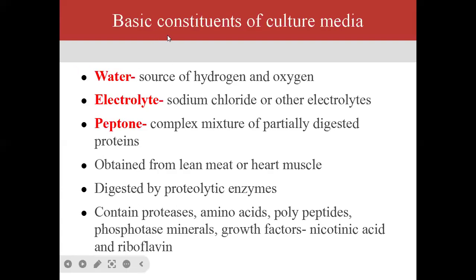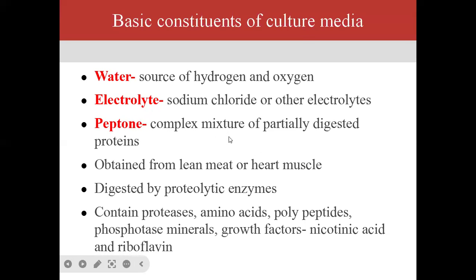See, these are the basic constituents of culture media. What are those? The first one is water. Water is the source of hydrogen and oxygen. And next we add electrolytes, such as sodium chloride, NaCl, and other electrolytes. Next, peptone.